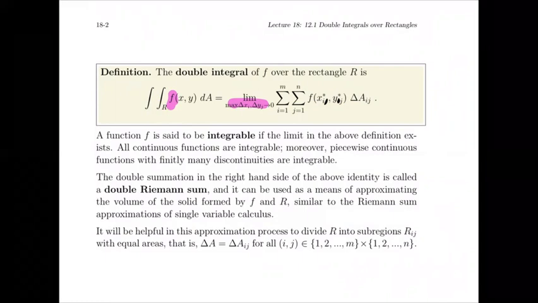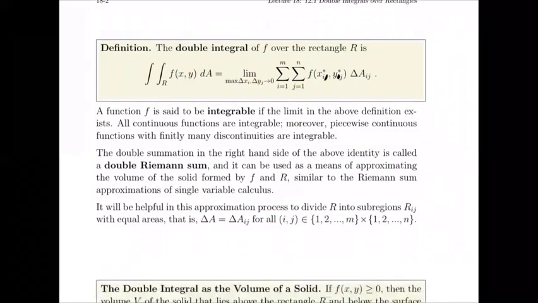And there's one last note that'll be helpful, and it won't really block our techniques of proving these things. Were we to look into the proof, we just assume that delta Aij has the same area for all ij. In other words, we divide the rectangle R into subrectangles of equal areas.